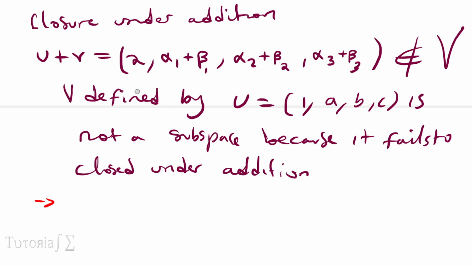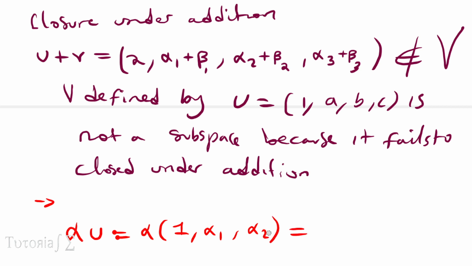So just for clarity's sake, let's try closure under multiplication. If we take alpha times u, what is the vector u? It has 1 comma alpha 1 comma alpha 2.